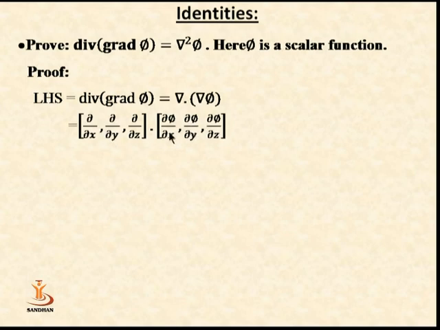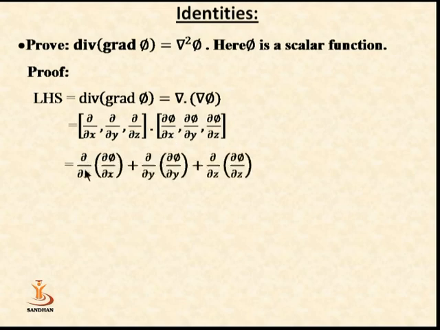Now we have to do the dot product of these two vectors. Thus we get ∂/∂x of ∂φ/∂x plus ∂/∂y of ∂φ/∂y plus ∂/∂z of ∂φ/∂z.